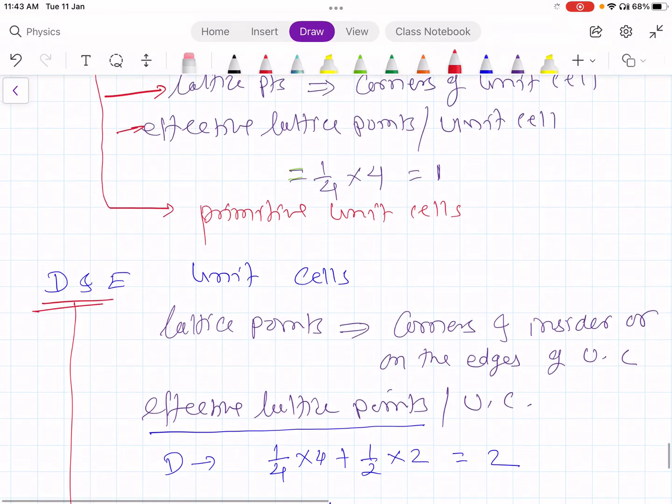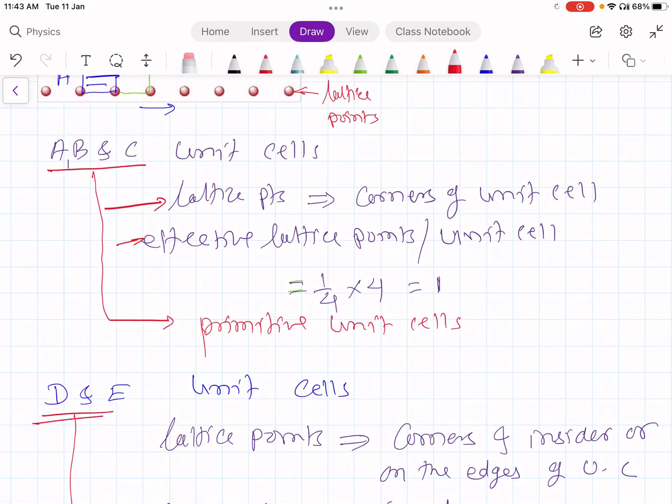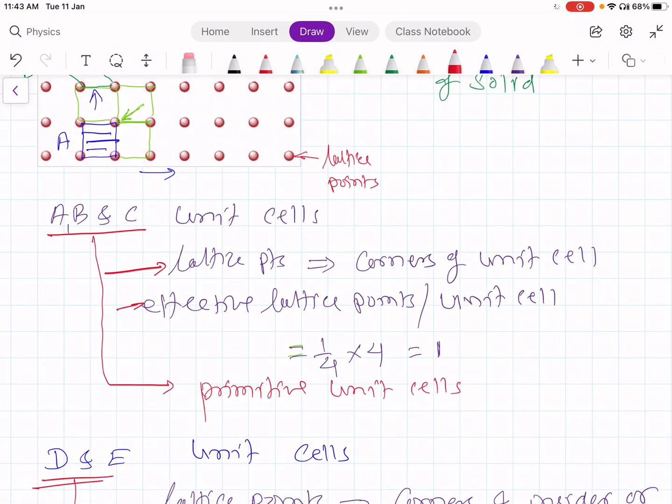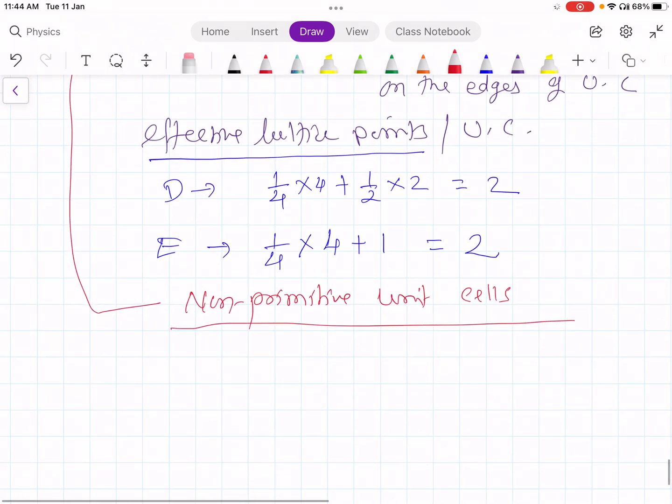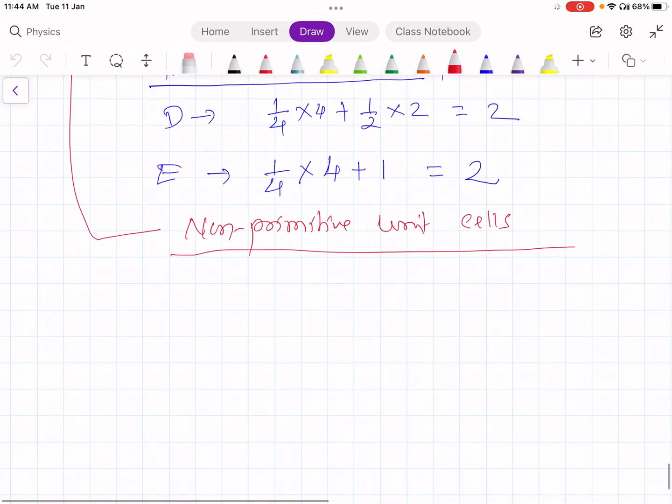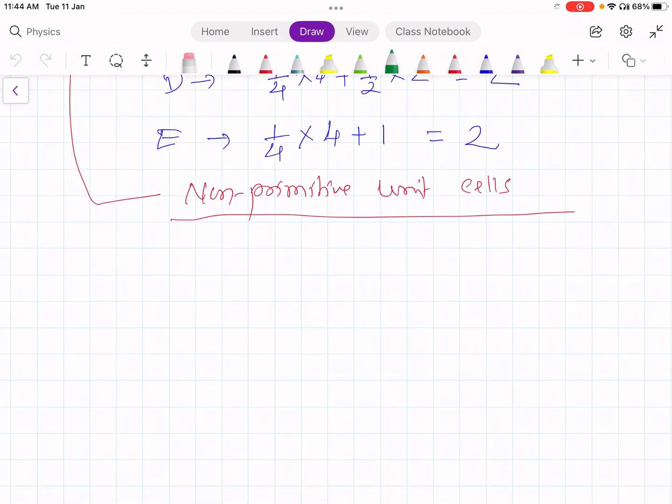So whatever I have shown here, I have shown unit cells in the space lattice, and this is a two-dimensional space lattice. But actually, instead of lattice points, there are atoms, and instead of a two-dimensional space lattice, there is actually a three-dimensional space lattice. So I am showing here a three-dimensional unit cell now separately.